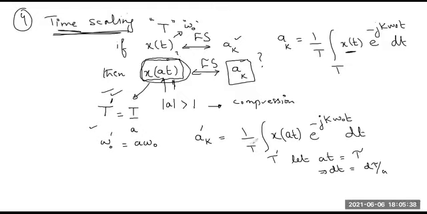So the integration is from 0 to T dash, and T dash is equal to T by A. And now x of at becomes x of tau.